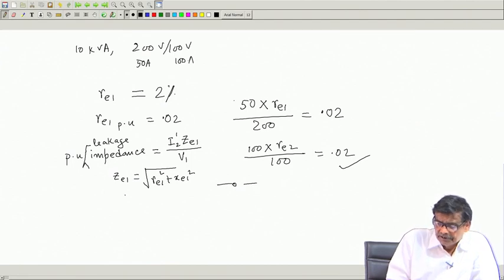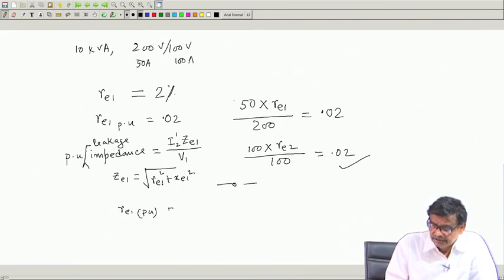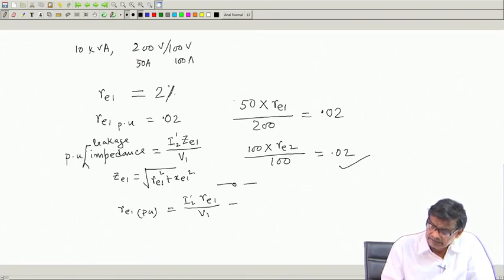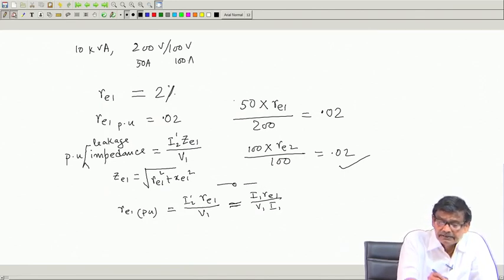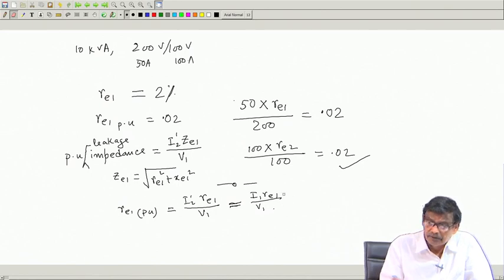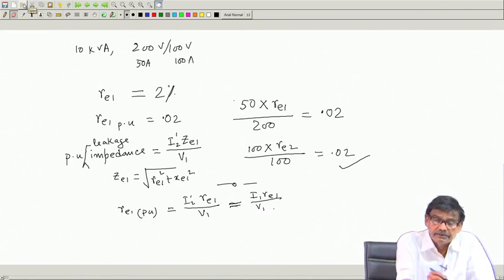Another interpretation of per unit, for example RE1 per unit: I told you it is I2' RE1 by rated voltage V1. Now, I2' is approximately I1, so it is I1 RE1 by V1.